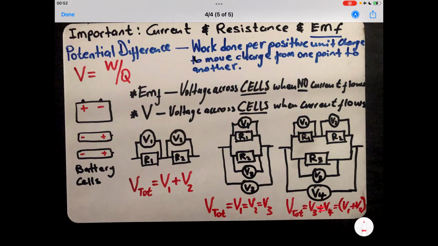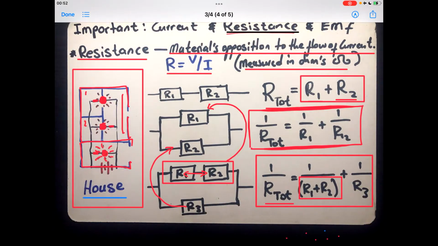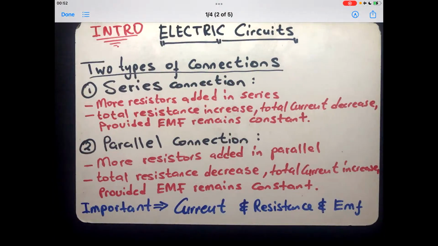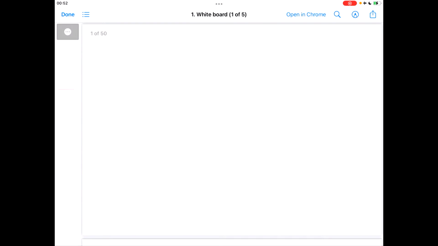Okay, so now let me slide to the whiteboard. Maybe let me try to sketch something there. Can you see now we have two cells? Maybe let me connect something there.